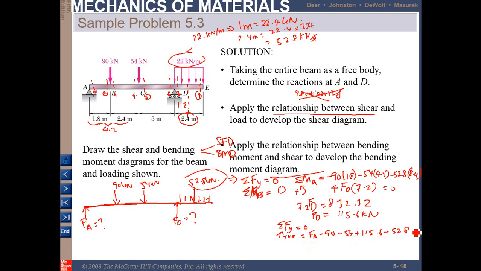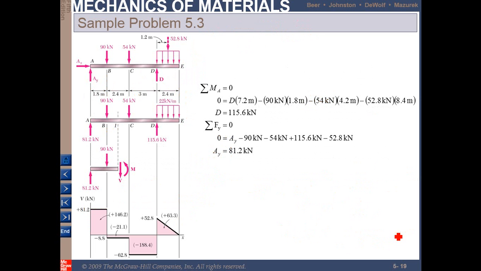So you will get FA is equal to 81.2 kilonewton. So that is why you got FA is equal to 81.2, and then you get FD is equal to 115.6.